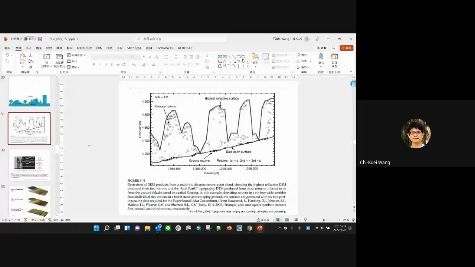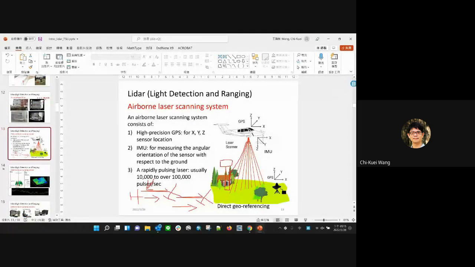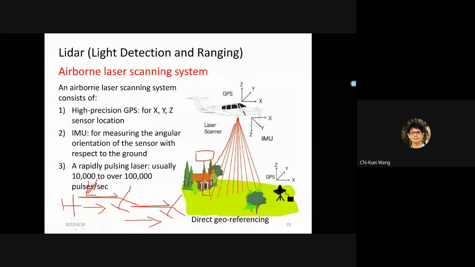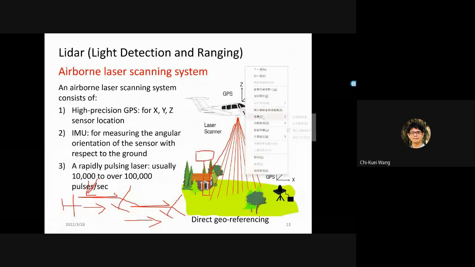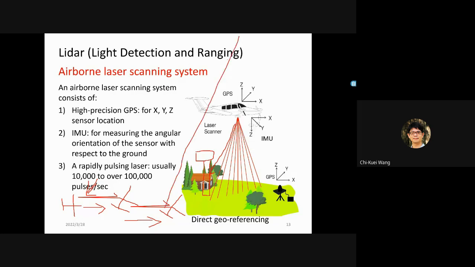So for example, for this scan angle here, the FOV, if you can fly higher with the same FOV, you will cover a much larger area. Okay, sometimes you will do that.